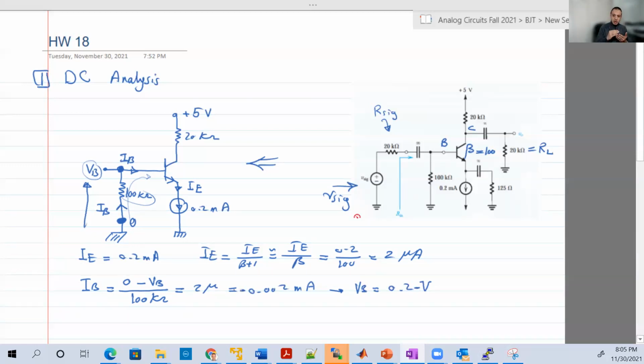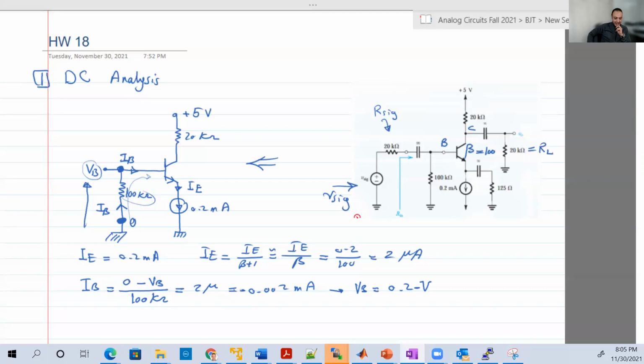Because minus VB is equal to IB multiplied by 100 kilo ohms. So multiply both sides by -1, so it will be minus. And here there is a purpose from this equation to see that yes, VB can be minus. What really matters here is if IB is positive or negative.